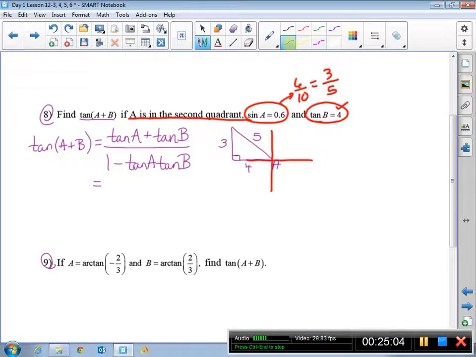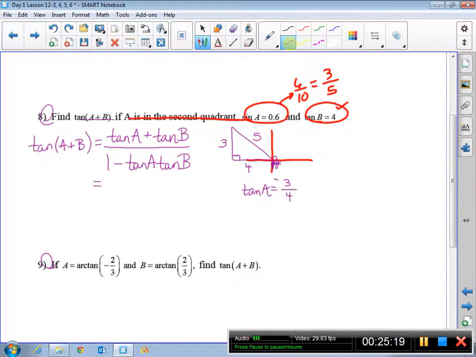So that's all set. So if I look at angle A now, and we know for my formula, we need the tangent of A. The tangent of A is the opposite over the adjacent, and in quadrant 2 it's negative. And of course this 4 directionally is also negative if you do it like that. So tan A will be replaced with negative 3/4.